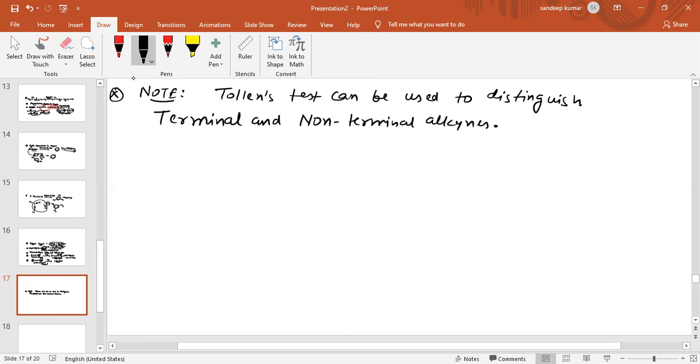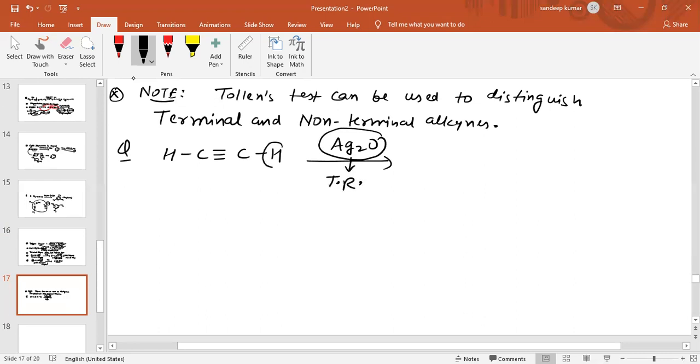So this is basically a question that can be asked. If a question is given like this: HC triple bond CH with Ag2O. You people know what Ag2O is? Ag2O is Tollens reagent, and this has acidic hydrogen on an sp carbon. So this is basically a terminal alkyne.